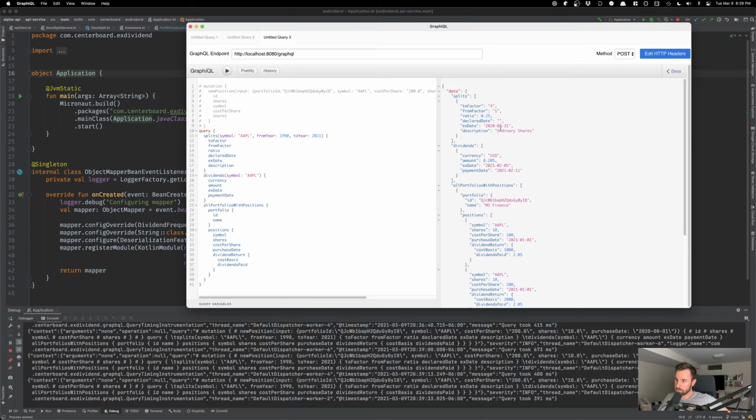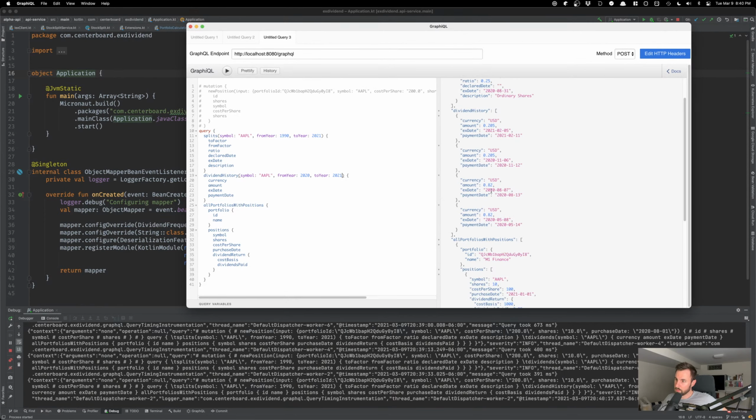But let's see if we can look at a split calculation that will be a little more interesting. So let's change all of these to be purchased, and we'll get the dividend history from 2020 to 2021.